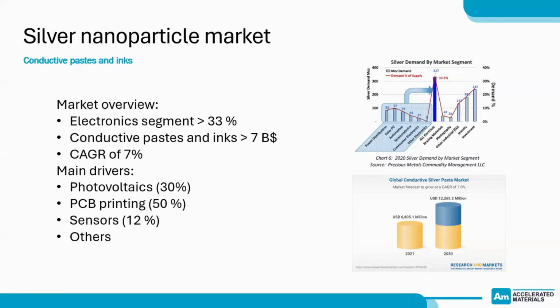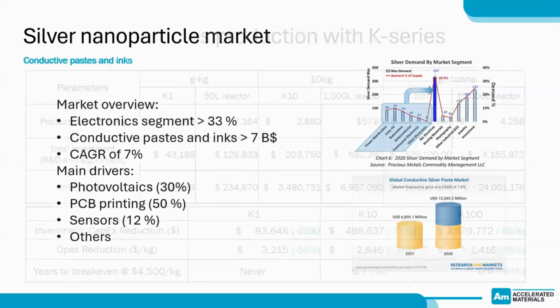The calculated annual growth rate is about 7%, meaning that by 2030, the global conductive silver paste market can reach around 12 billion. And of course, the main drivers for those applications are photovoltaics, PCB printing, flexible circuits, sensors, and a little bit of other applications for the conductive silver paste.